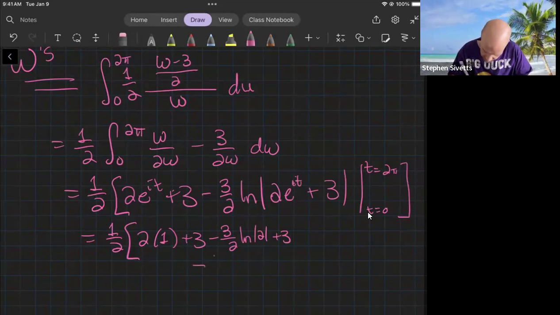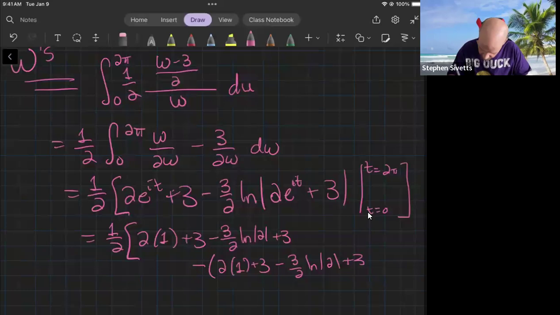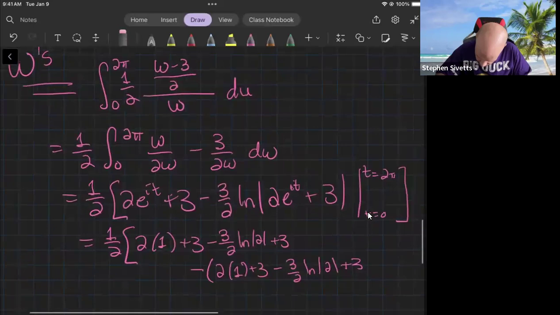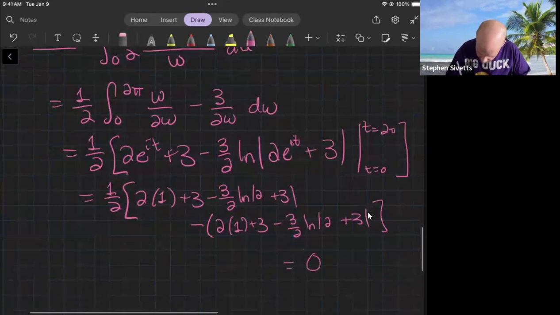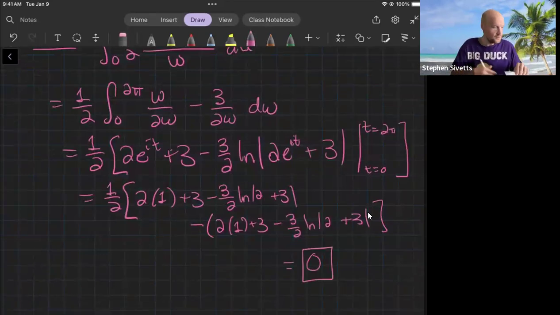And then minus 2 times 1 plus 3 minus 3/2 times the natural log of the absolute value of 2 plus 3. And that would be 0. Okay. So that's just one way to verify it.